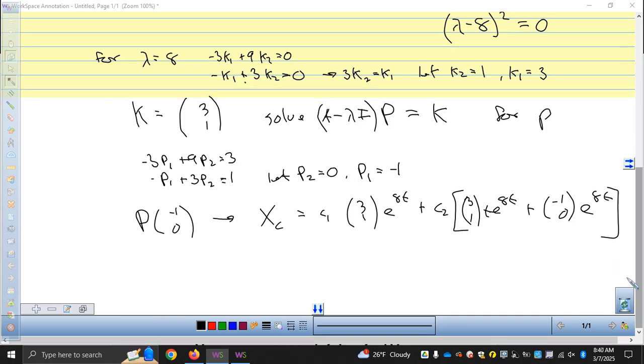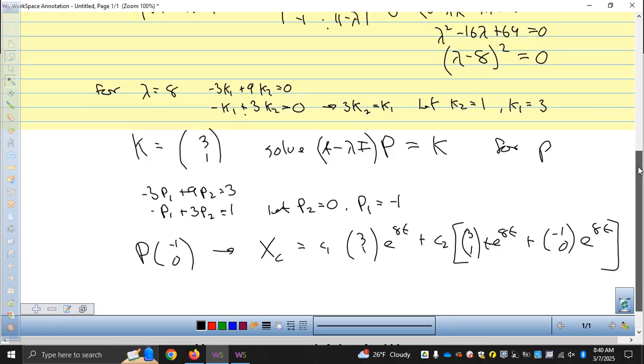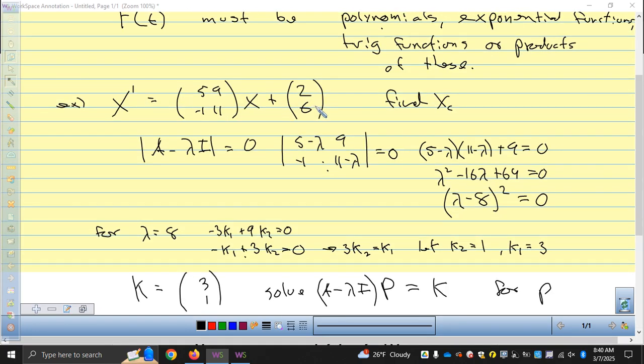All right, so we have that part done. I'm going to switch pages instead of scrolling down. So because this vector is constant, we're just going to assume that y sub p is a constant.